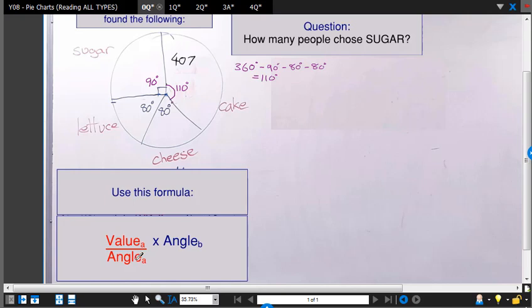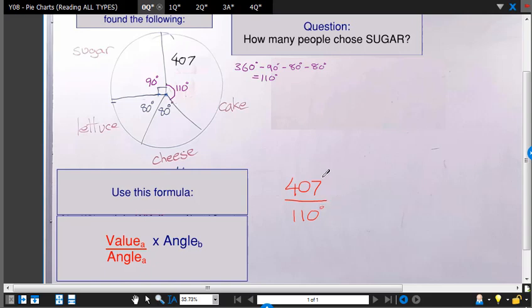So let's just go ahead and do that. We'll get 407 divided by the angle, which is 110 degrees. You don't really need to put the units in the formula, it's more at the end.